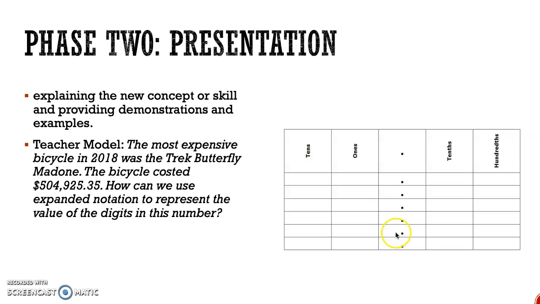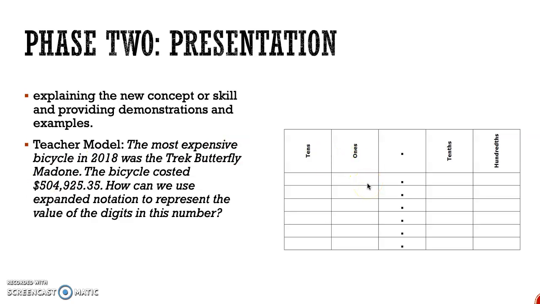Here's my decimal point, and at this point they've already learned and established place value understandings, so they know that this 5 would be in the ones place, 2 would be in the tens, 9 would be in the hundreds, 4 would be in the thousands, 0 would be in the 10,000s, and 5 would be in the 100,000s. So then we would have our numbers in their place values.